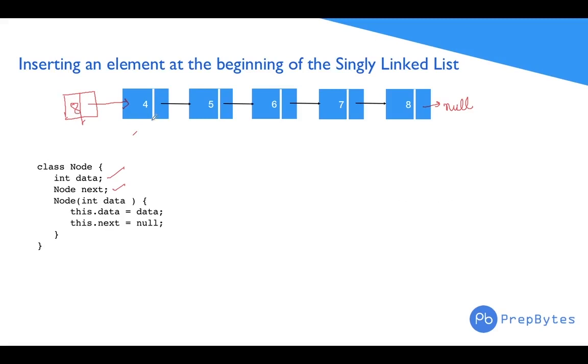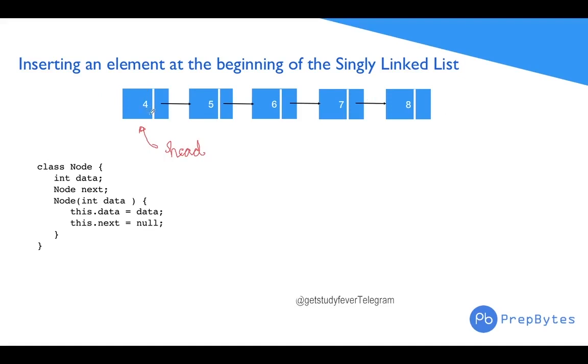Before we directly jump into the code, let's see how the links change. In a linked list, it is really necessary that you understand how the links between the nodes are changing. We have seen that the first node is pointed to by the head. So we have head which points to the first node.